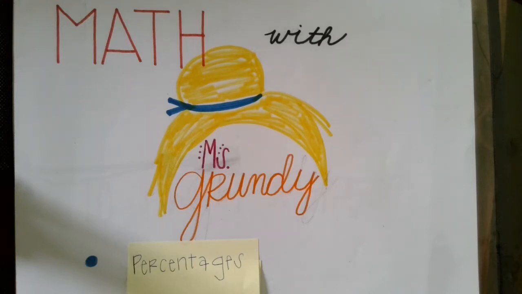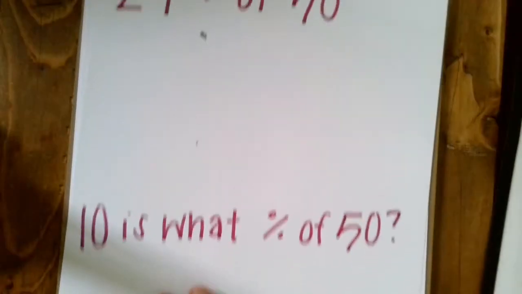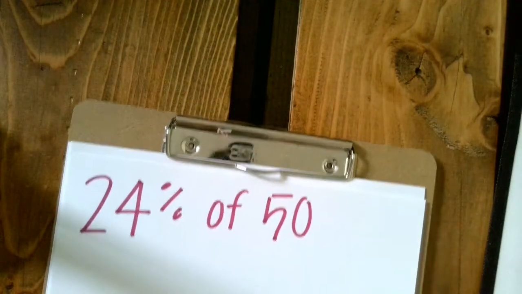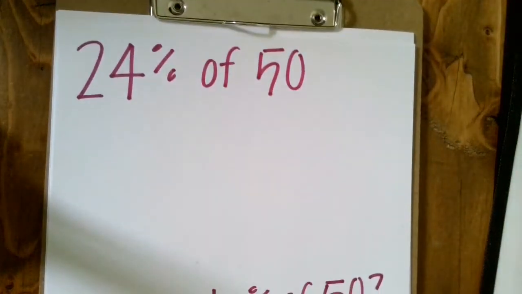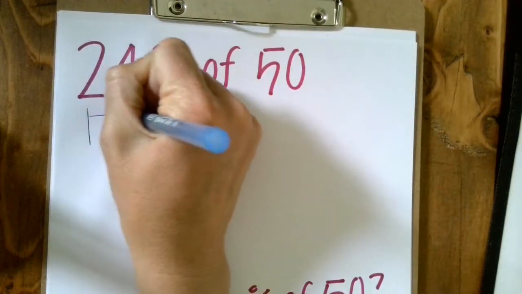So with that, we are going to go ahead and start with this type of problem, which is 24% of 50. So you're given the percent and you're given the total. The first way that you can do this is with a double number line.